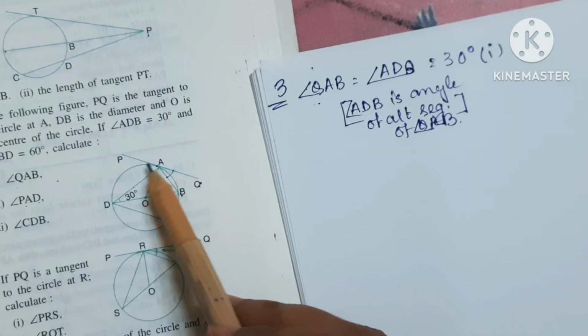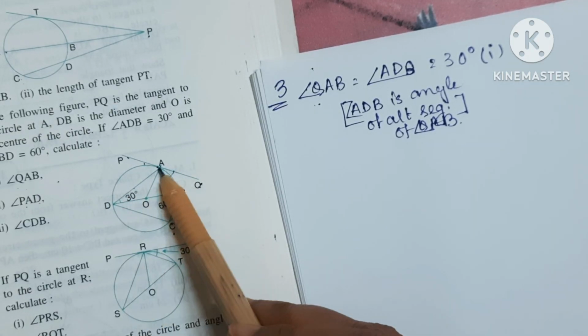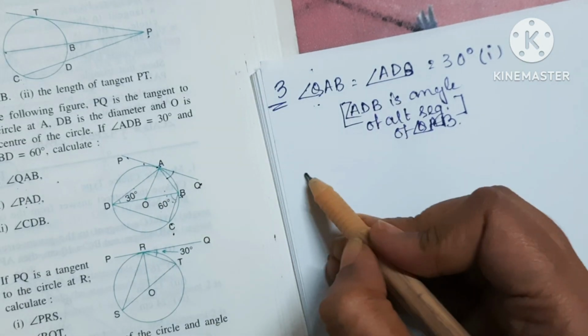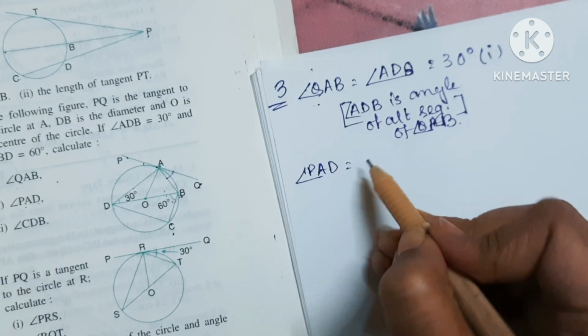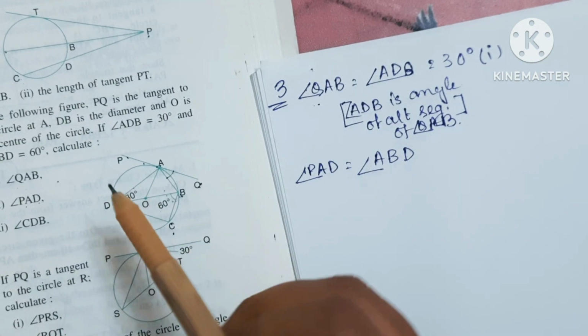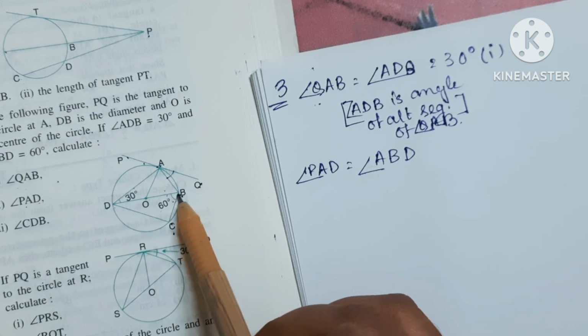Now PAD. AB is a chord, and AD is another chord. So PAD, for the same reason, is equal to angle ABD. Now see, O is the center, DB is the diameter.